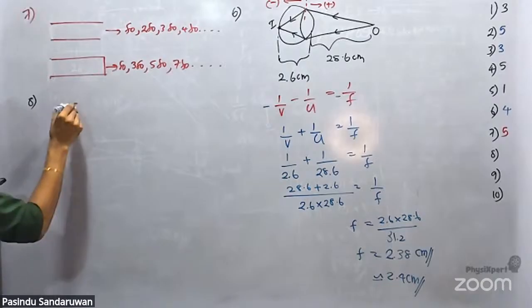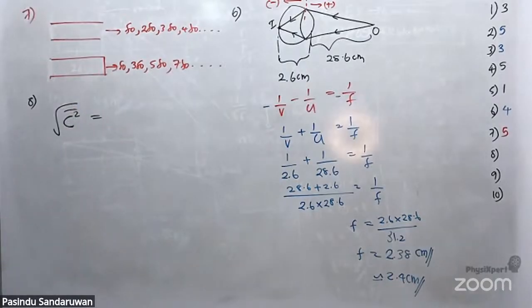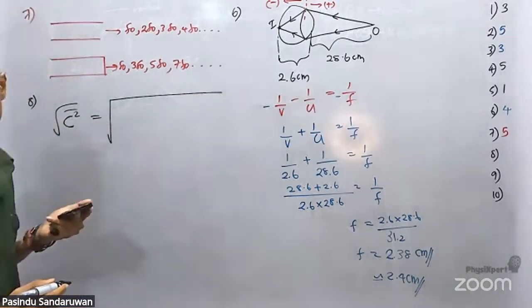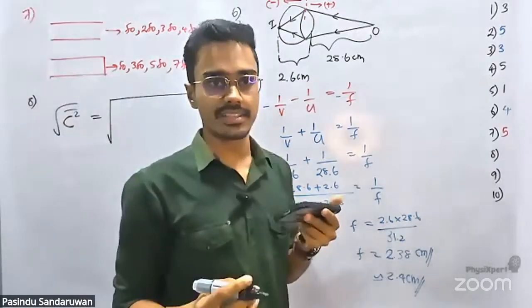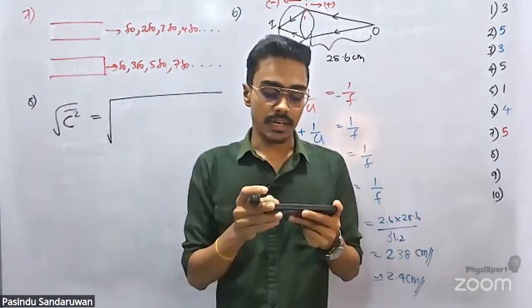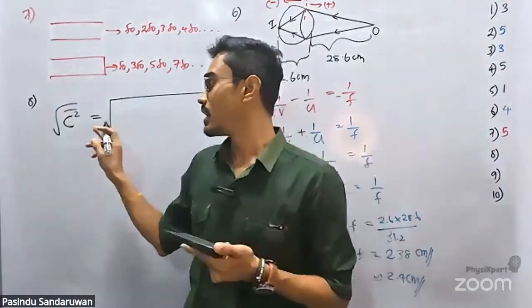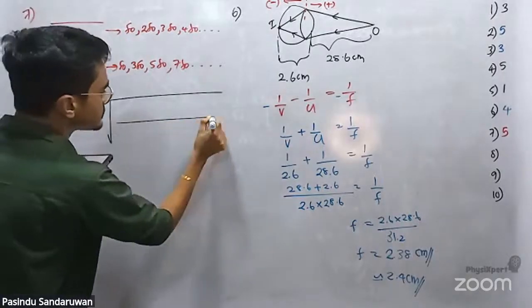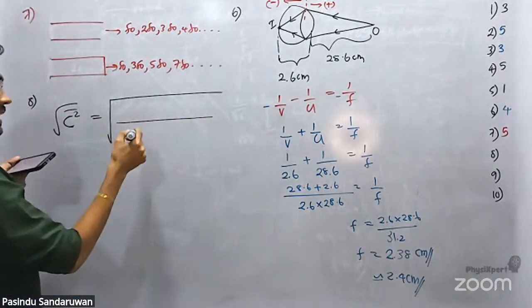Root mean square speed, square root of C squared bar. You have to know the equation. Square speeds: take the square values of these speeds. Mean means the average.